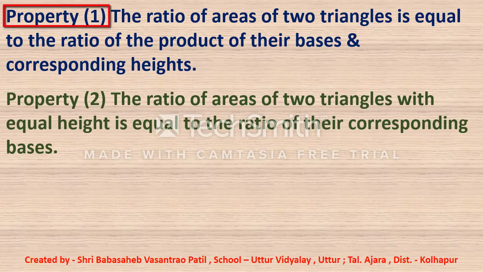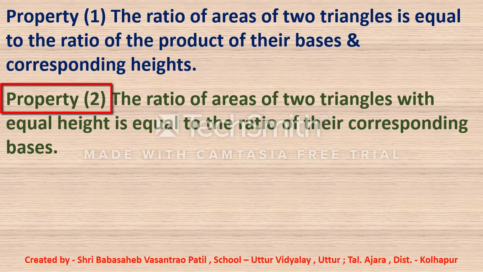Property first, the ratio of areas of two triangles is equal to the ratio of the product of their bases and corresponding heights. That property we studied in the previous video. Property second, the ratio of areas of two triangles with equal height is equal to the ratio of their corresponding bases.